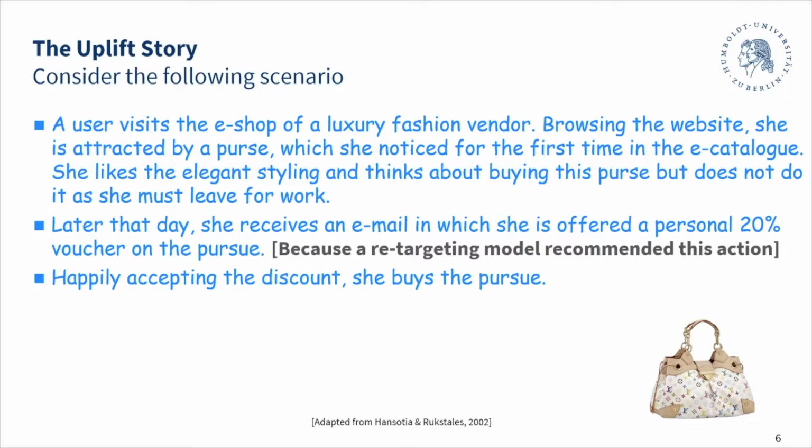Because we don't track our customers manually, there was probably some model being implemented at the website, processing all the data, predicting a high probability to buy for this particular customer, and then recommending to target that customer with some action.